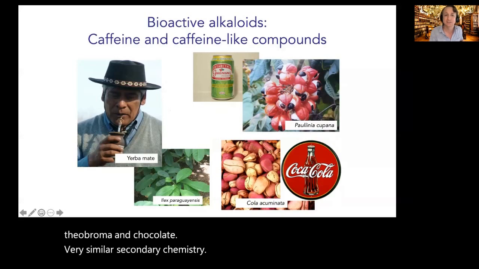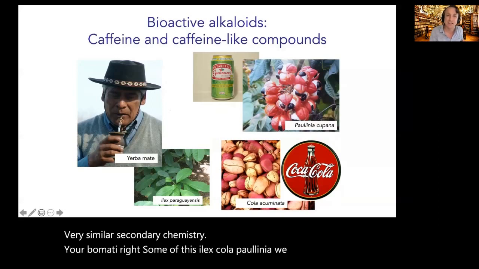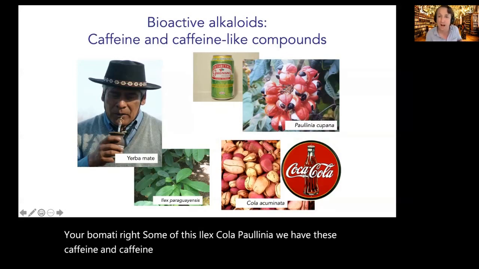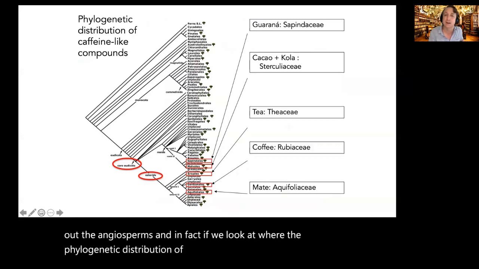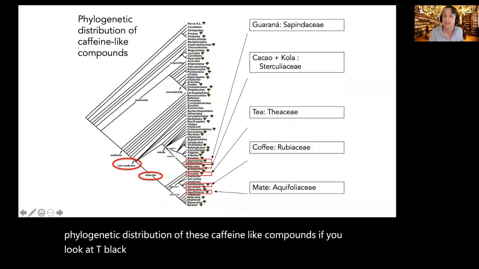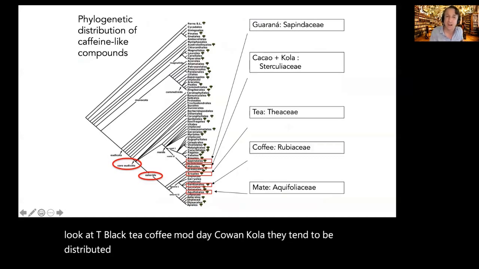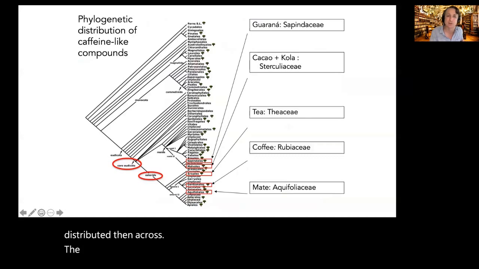Yerba mate, right? Some of this Ilex, cola, Paullinia. We have these caffeine and caffeine-like compounds found throughout, it turns out, the angiosperms. And in fact, if we look at the phylogenetic distribution of these caffeine-like compounds, if you look at tea, black tea, coffee, mate, cacao, and cola, they tend to be distributed across the angiosperm phylogeny, but in these different groups.